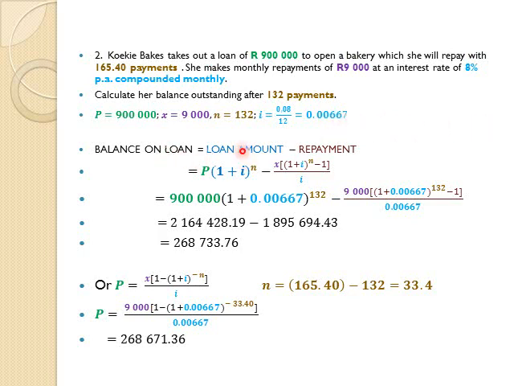So balance on loan, loan amount minus repayment: 900,000 times (1+0.00667)^132, minus x, 9,000, times [(1+0.00667)^132 - 1] over 0.00667.